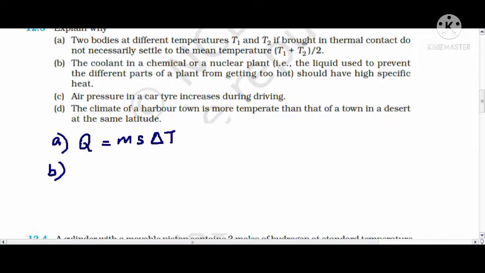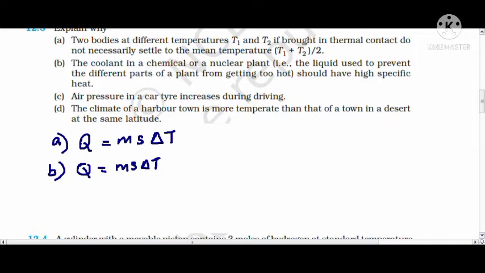So you can see again an application of the same equation, Q = ms ΔT, and according to the equation, if the specific heat s is high, then the change in temperature ΔT is small. Therefore, if you want to keep the change in temperature low, we have to use a substance having very high specific heat s. When s is high, ΔT is small.